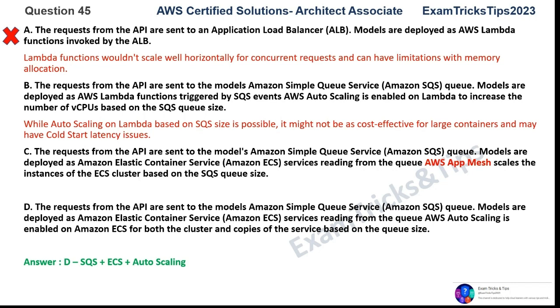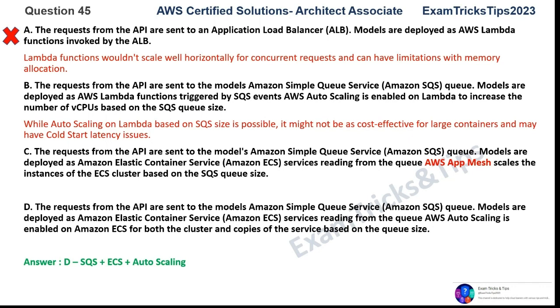Now, option D, which appears to be the correct option here, is using SQS queues, and models are deployed as ECS services reading from the queue. AWS autoscaling is enabled on ECS for both the cluster and the copies of service based on the queue size. Now, this is a perfect solution. You're using two services, SQS and ECS, and configuring autoscaling on ECS, which is giving you the right capacity when needed.